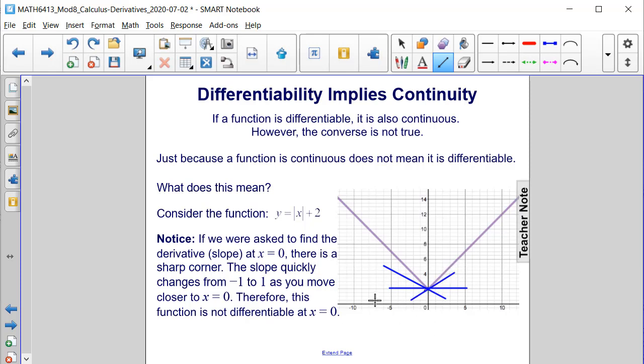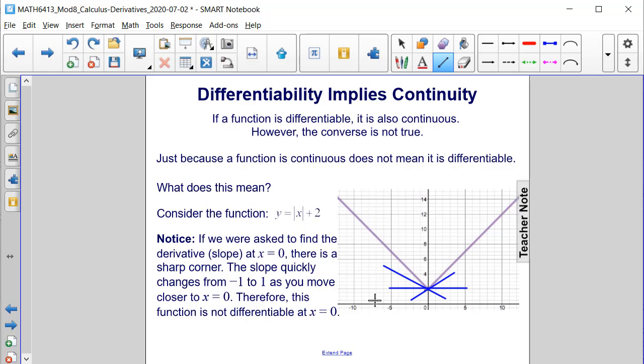Notice there are multiple tangents that can be drawn at this sharp point. Therefore, not one single tangent line can be balanced at x equals 0. Therefore, it is not differentiable at this point.